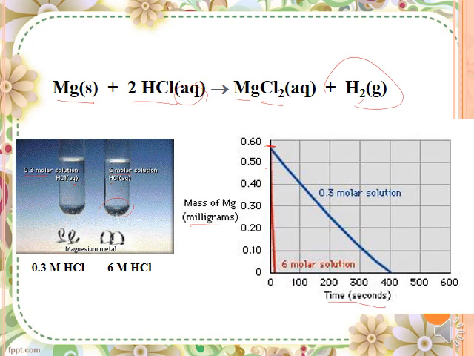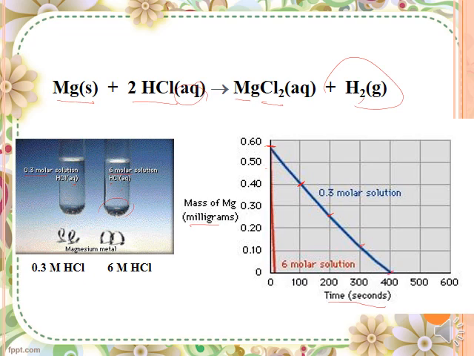Over time, after 100 seconds, the amount of magnesium in the 0.3 molar test tube reduced to this much, and then after 200 seconds here, after 300 seconds here, after 400 seconds it completely dissolves.